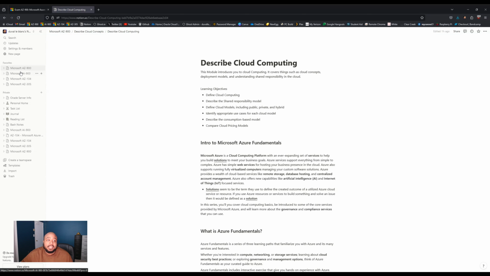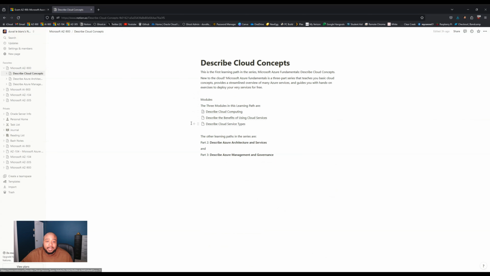So the first one is the AZ-900 that I have, and in each of my notes, I went ahead and created pages for each type of topic. In the AZ-900, there are 3 paths, and 3 of them are just the cloud computing: describe the benefits of using cloud services, and describe cloud service types.